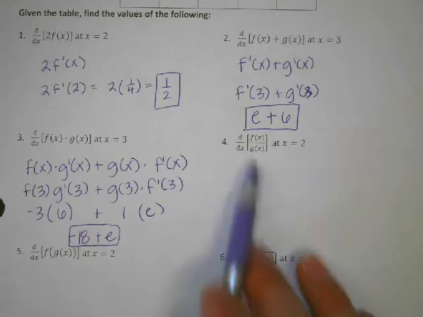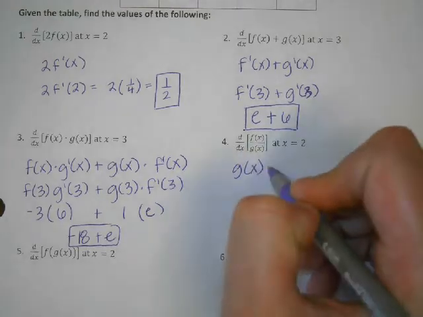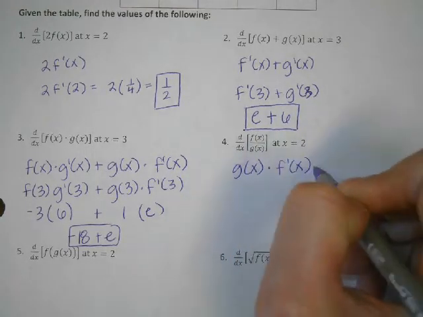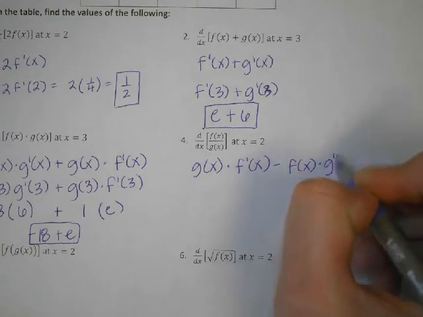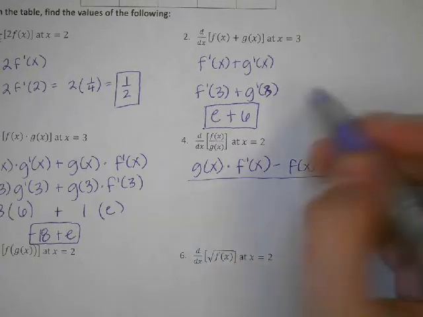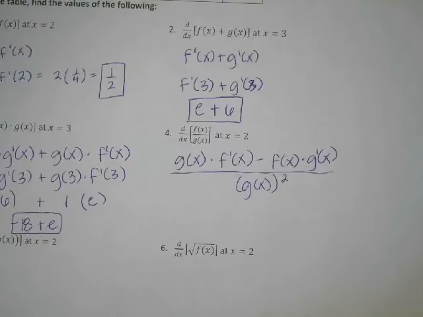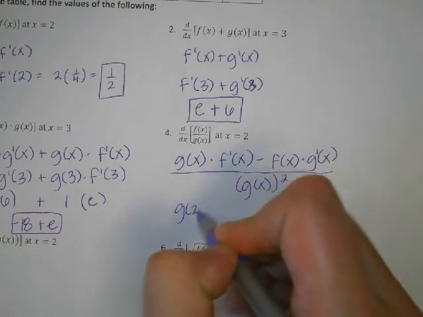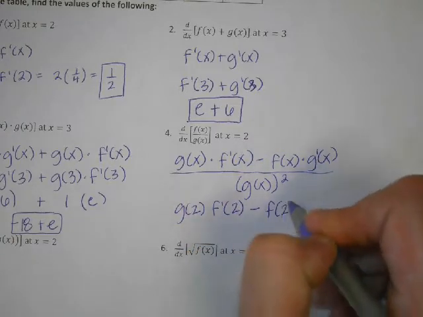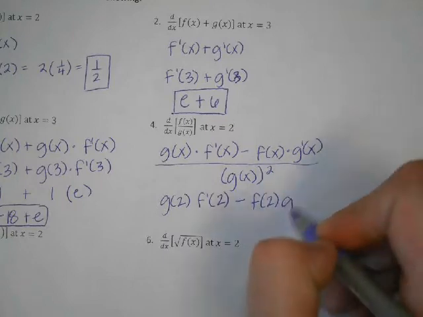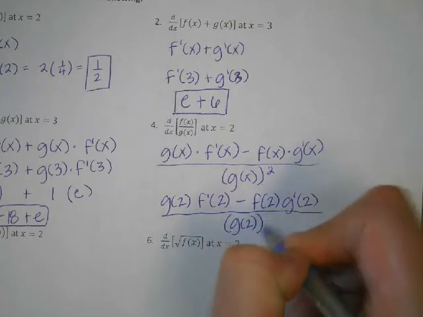Number 4 is just using the quotient rule. So we have low d high minus high d low, divided by low squared. So that's going to be g of 2 times f prime of 2 minus f of 2 times g prime of 2, divided by g of 2 squared.